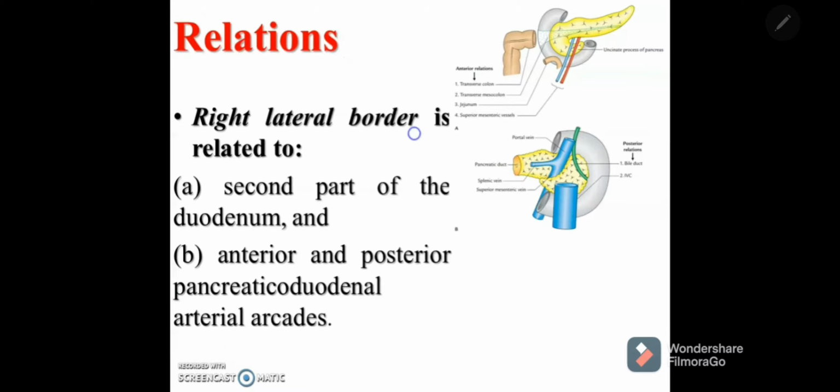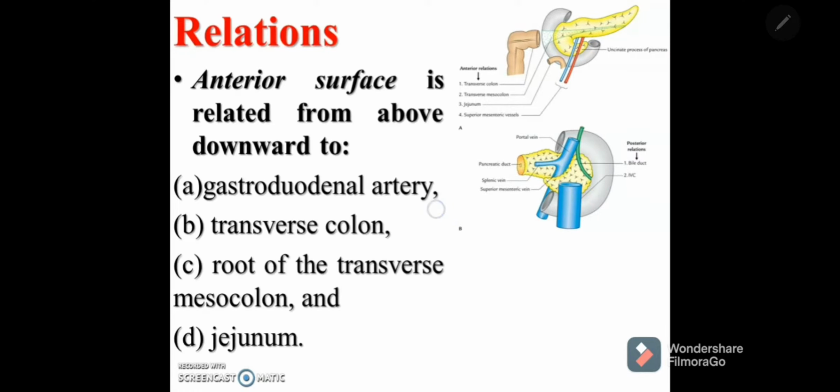So the head has two arteries coming from the foregut and midgut respectively. The right lateral border is related to the second part, where the pancreatic duct opens, and you can see the anastomosis between the two arteries.